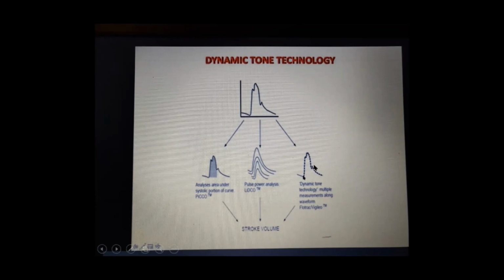And there are about 2000 points, multiple measurements along the waveform. 2000 data points are incorporated and analyzed, and then it gives the picture of the stroke volume and the stroke volume derived variables. So these 2000 points are incorporated in what is known as the dynamic tone technology.